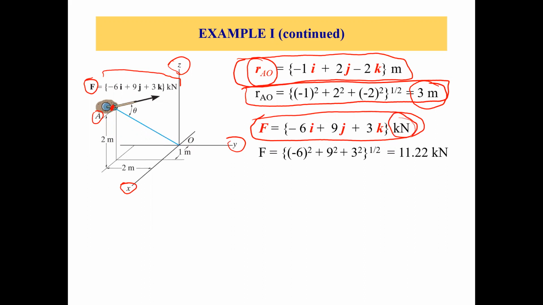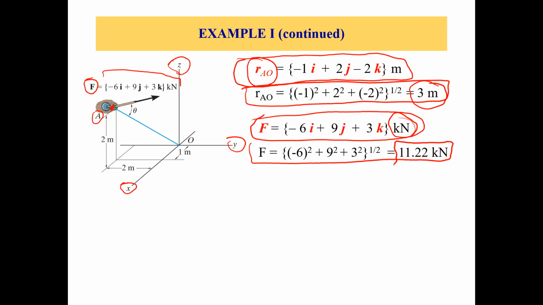Once we have this force vector F, we can find its magnitude: x squared plus y squared plus z squared, whole square root. We'll do that to get 11.22 kilonewtons, which is the magnitude of this force.